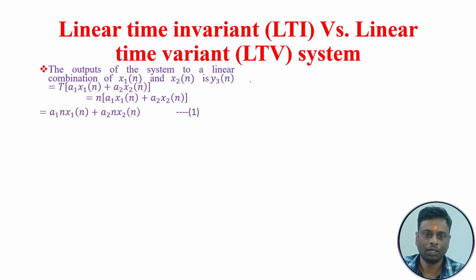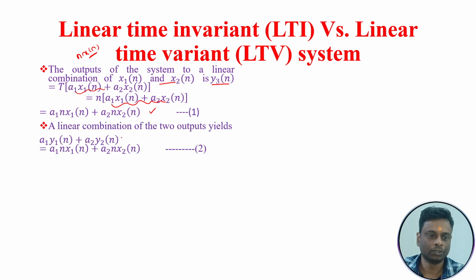Then we go for the linear combination of x1 and x2, that is y3 of n, the transformation of a1 x1 of n plus a2 x2 of n. In place of x of n in n into x of n, we are replacing a1 x1 plus a2 x2. That will be a1 into n x1 of n plus a2 into n x2 of n.